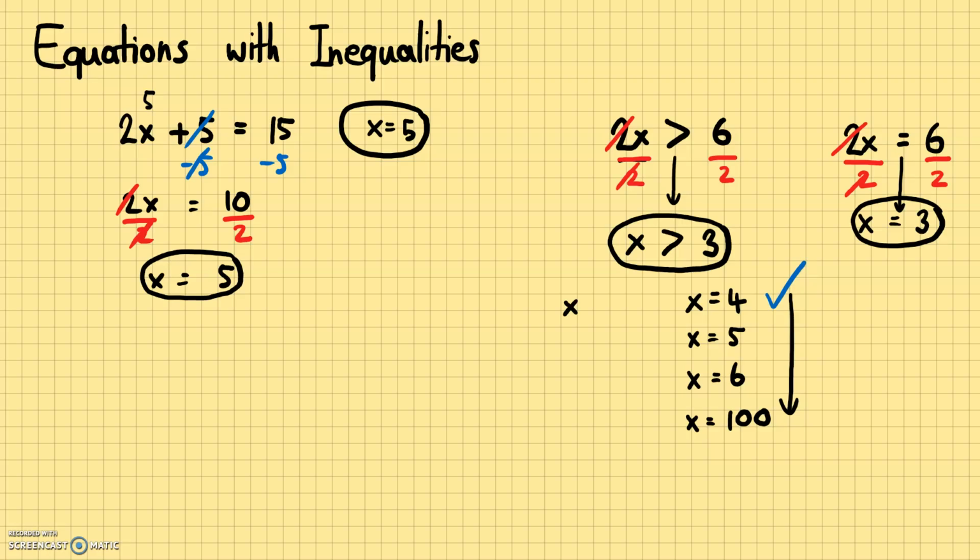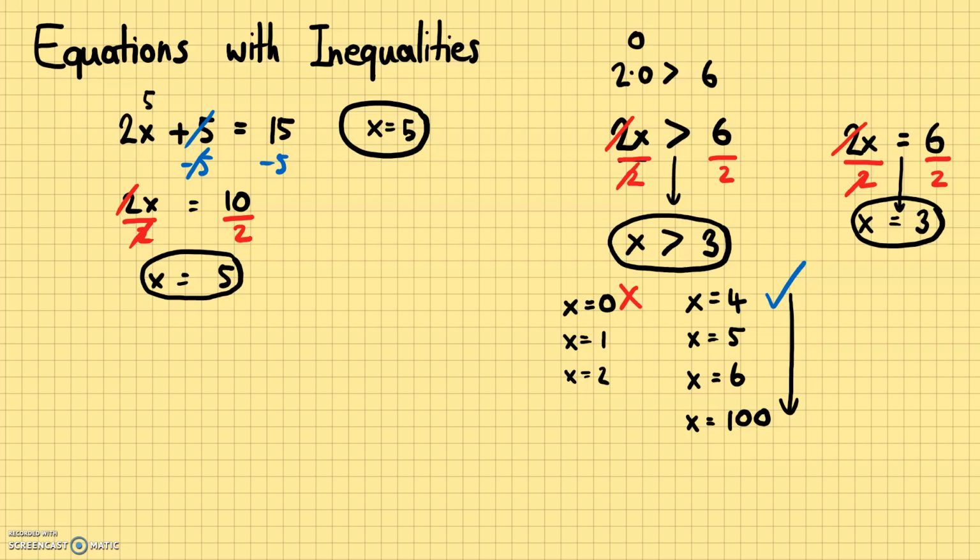But the numbers that are less than 3, so for example, x equals 0, x equals 1, x equals 2, these numbers are not okay. These are not going to be a solution for this. And you'll see if you plug in 0, 2 times 0, on the left side you get 0. 0 is not greater than 6.